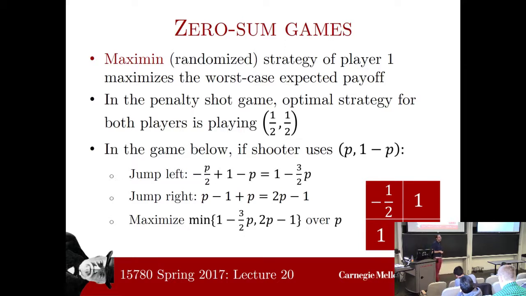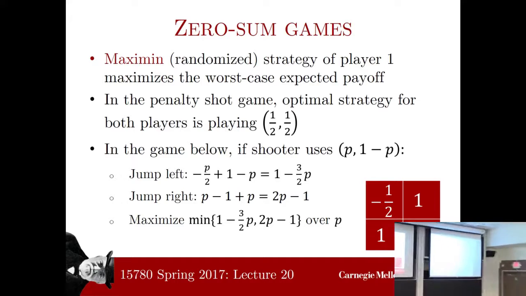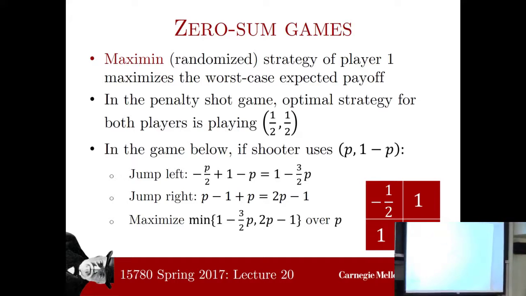And what you want to do is maximize the minimum of these two things over P. So these are two linear functions, and the thing that will maximize their minimum is the intersection point. So to find it, just say 1 minus 3/2 P equals 2P minus 1. You solve it, and you get your optimal strategy.